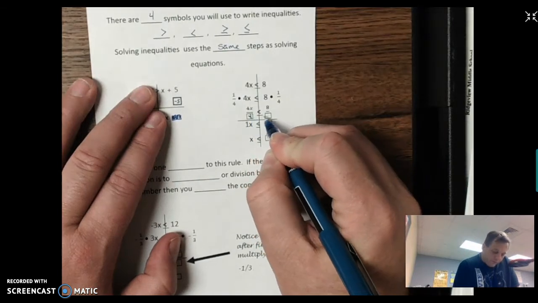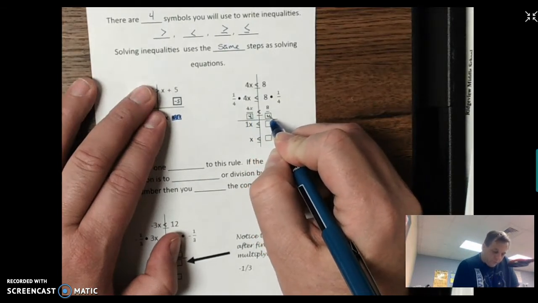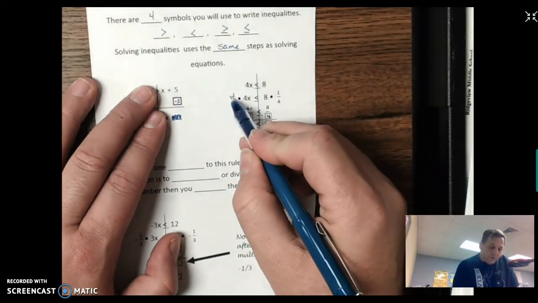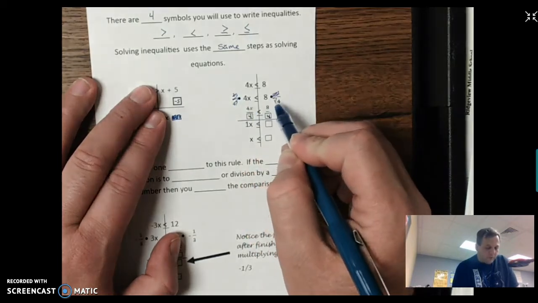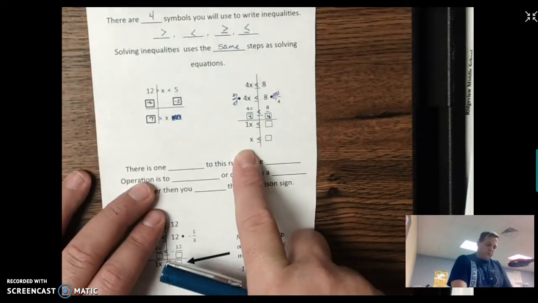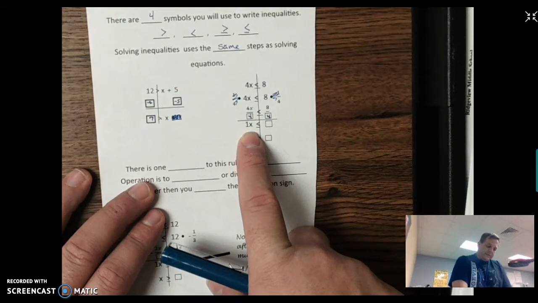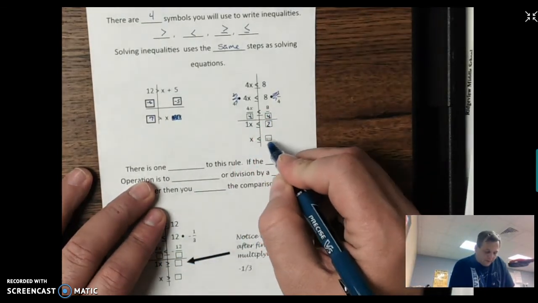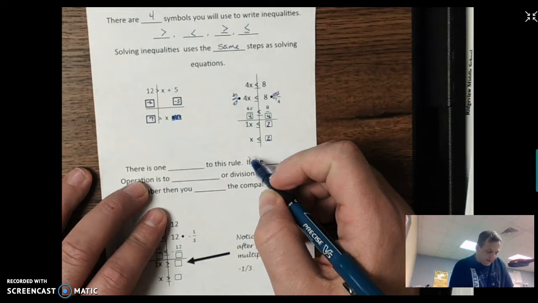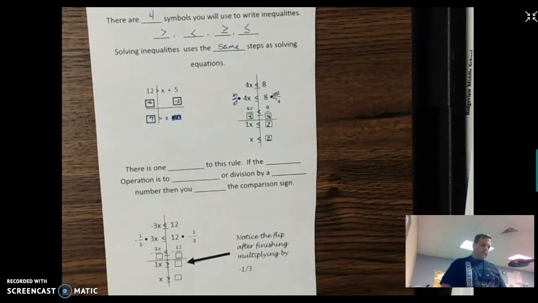And if this bothers you, you can always mark it out. You don't need this part at all. We're going to divide by 4, so this becomes 1x. This becomes 2. 1 times x is x, so x is less than or equal to 2.